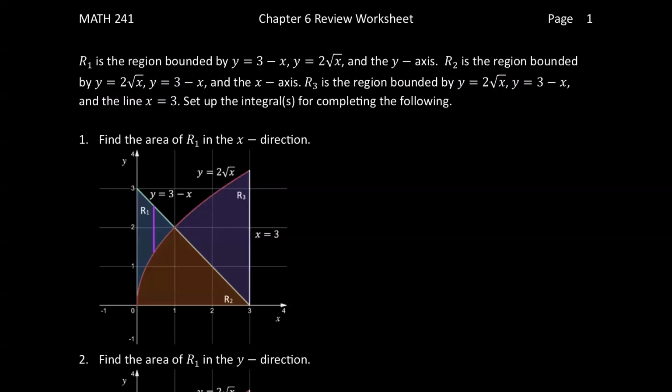Okay, so first, let's find the area of region number 1 in the x direction. So we're gonna integrate with respect to x. Remember the setup, right, is to partition the interval on the x-axis from left to right.